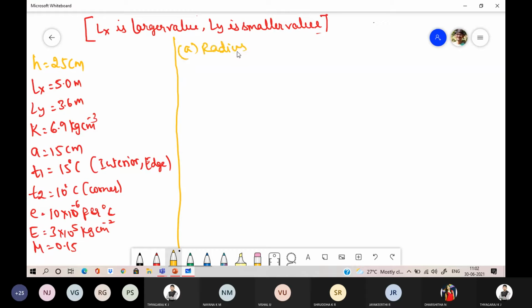The radius of relative stiffness. L is equal to (E h cubed divided by 12 K into (1 minus mu squared)) whole power 1 by 4.